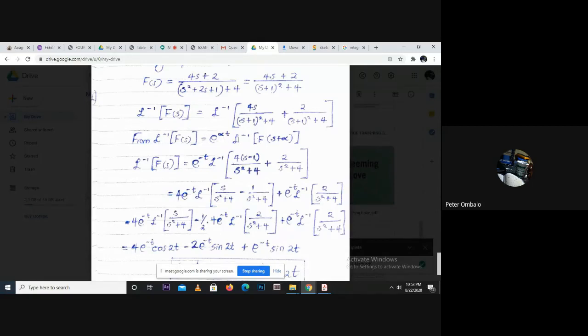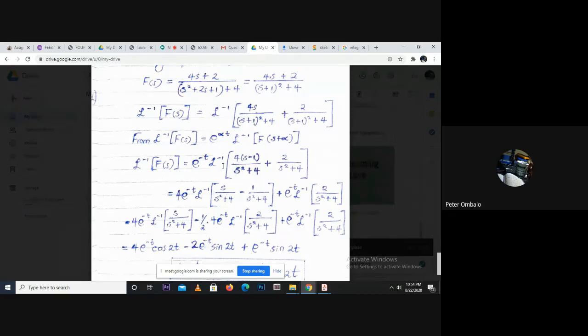Since from this formula we know that if we pull out an e to the alpha t, we add an alpha to the s, then if we pull out an e to the negative t, we can add a negative 1 to our s.